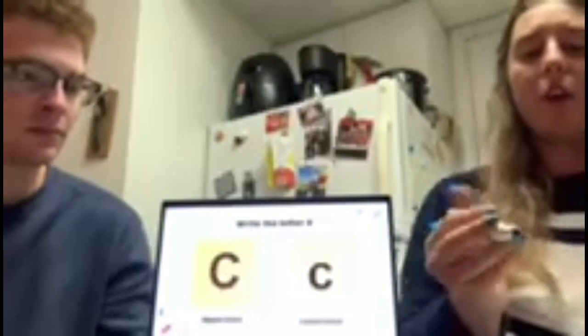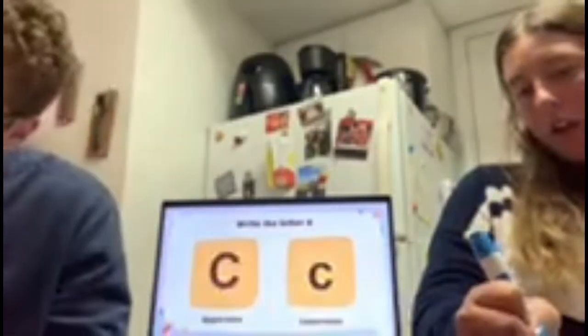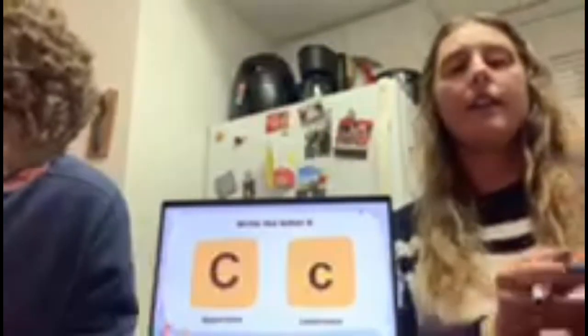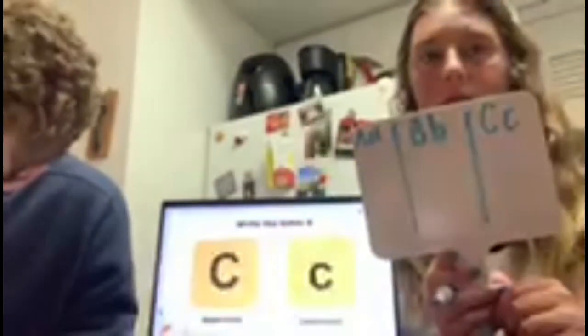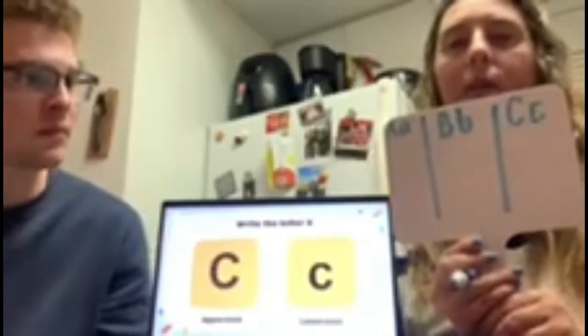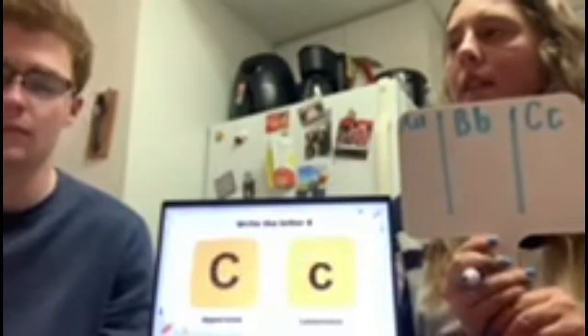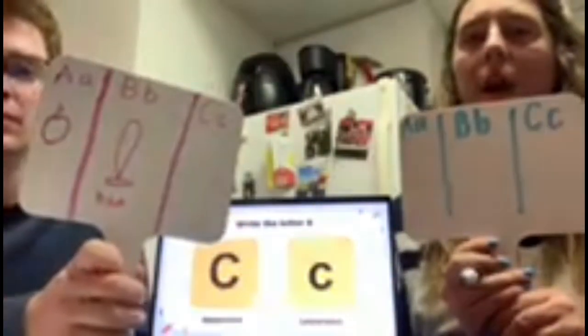Good. Okay, so now that we've completed that, let's go to our whiteboards. And I'm going to copy an uppercase C and a lowercase c very neatly at the top. Just like this. I'm looking around. Everyone seems to look good. Can I see everyone's boards? Awesome.